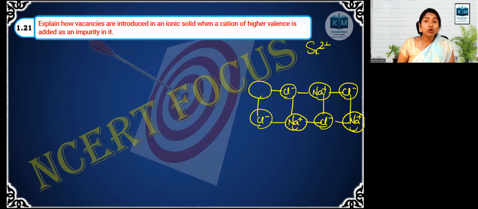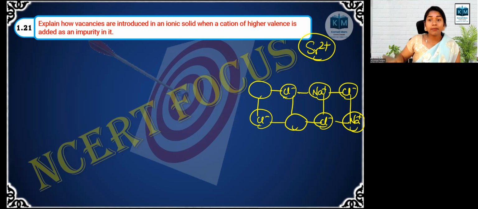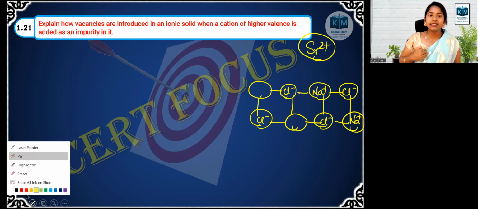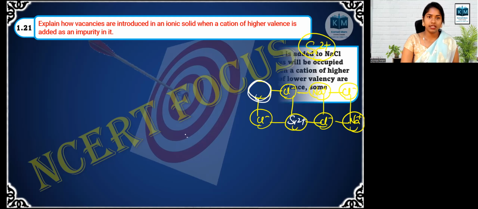One Sr2 plus will replace two Na pluses. Are you understanding why? Because it has +2 charge. To maintain electrical neutrality, one Sr2 plus replaces two Na pluses. In that one place Sr2 plus will come and occupy, and in such a way vacancies will be created.